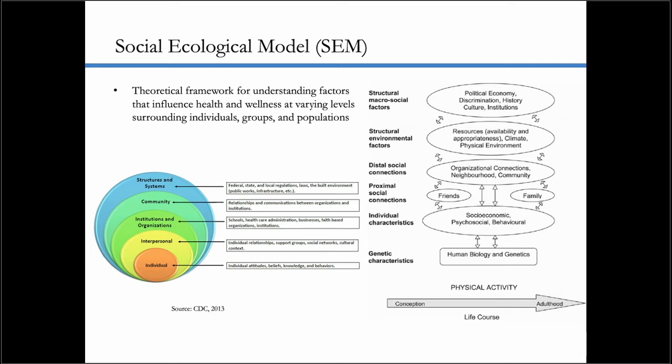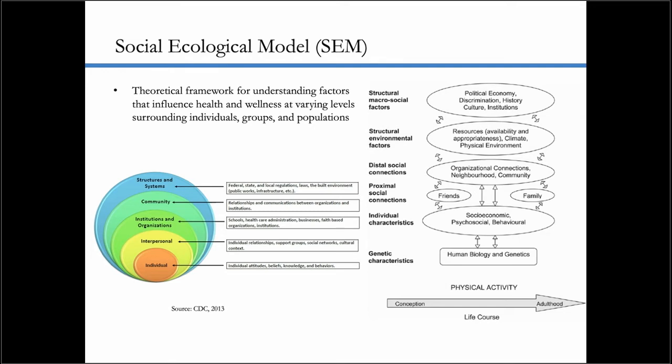So if we look at this from the example here on the right-hand side, we can look at it through this social ecological model for things that impact physical activity. So if we want to look at what impacts physical activity, that could start at the structural macro-social factors: political economy, discrimination, history, culture, institutions.